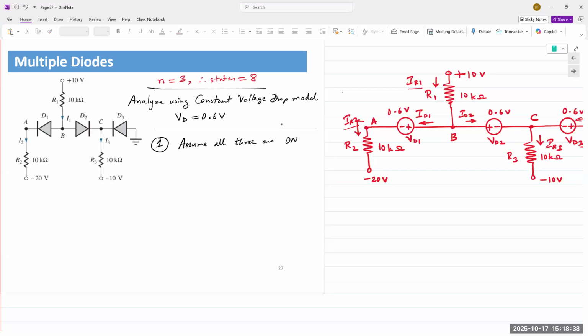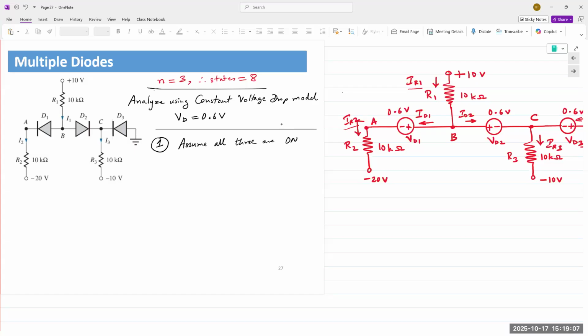Now, as a reminder, in ideal diode analysis, if we assume that the diodes are on, then they're replaced with a short circuit, and we check for the forward current. In reverse bias, if we assume that a diode is off, we check for the voltage. It should be negative. In a constant voltage drop model, the reverse bias is exactly the same as the ideal diode model.